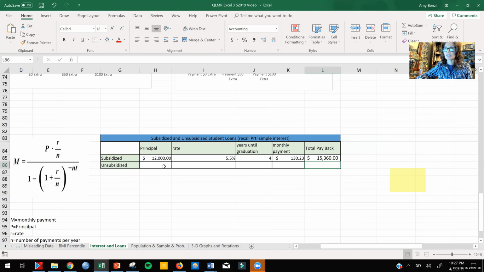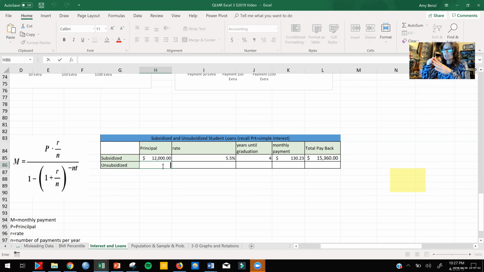But what happens when you have an unsubsidized loan? Oh, and also that 10-year payback time starts the day you graduate. Student loans, you don't pay while you're in school. You can, but most people don't. We're in school, so how can we really make enough money to pay back a loan while we're in school? Although many people do.